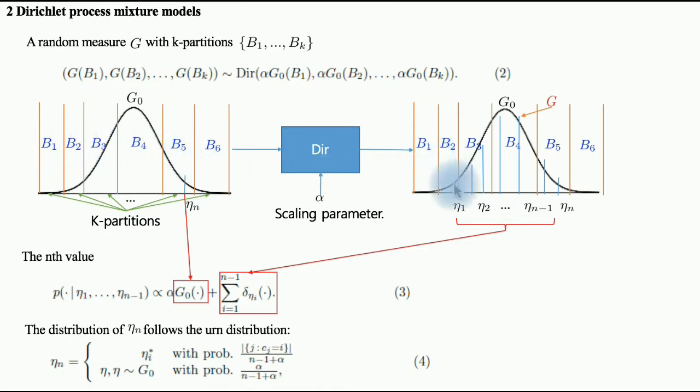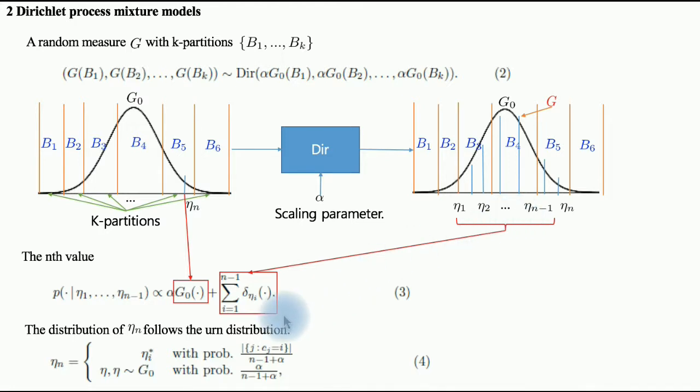While integrating out G, the joint distribution of a collection of variables eta 1 through eta n exhibits a clustering effect, because conditioning on n-1 draws, the nth value is exactly equal to one of those draws.